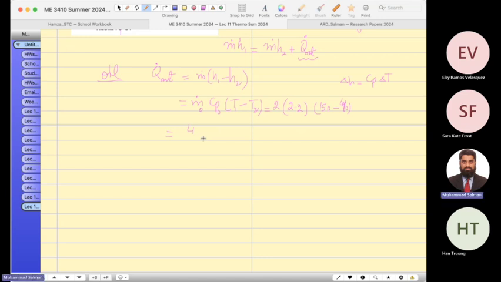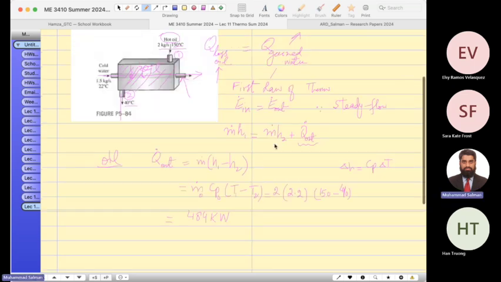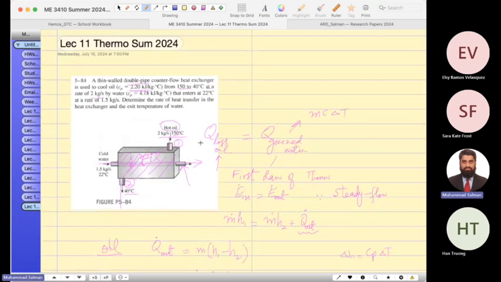Sarah says 484. So let's write it down here, 484 kilowatts. And as I mentioned earlier, whatever heat we are losing, the same heat is being transferred to the water pipeline.